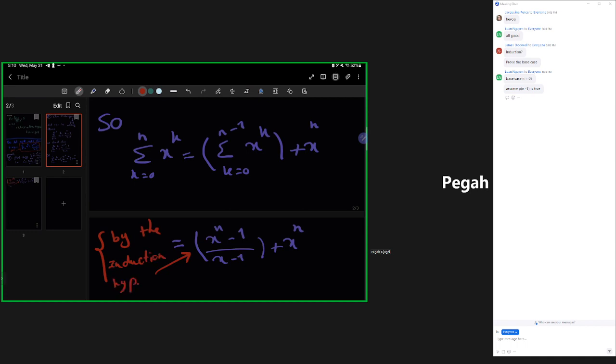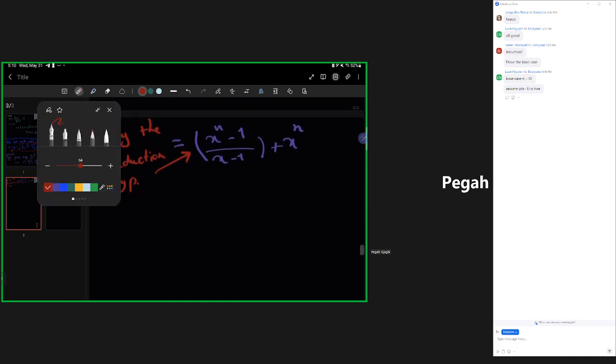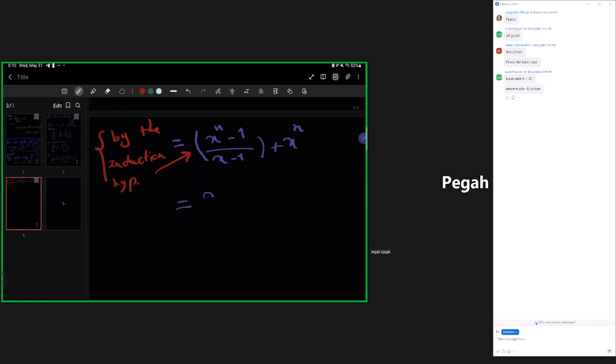One more thing: whenever you prove this in your homework or your final exam, you need to write by induction hypothesis. You need to mention how you got that equation. It doesn't mean you need to write only that, just explain. So this is going to be this one, and then you just multiply this by x minus 1.